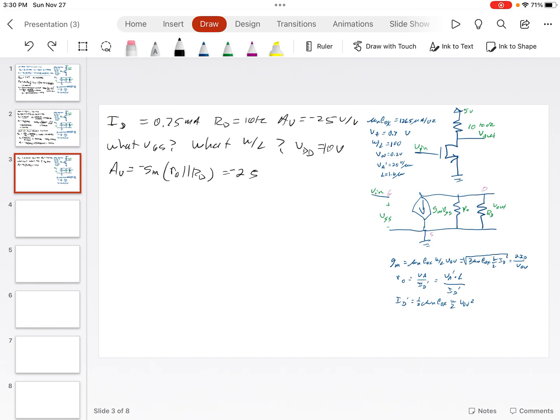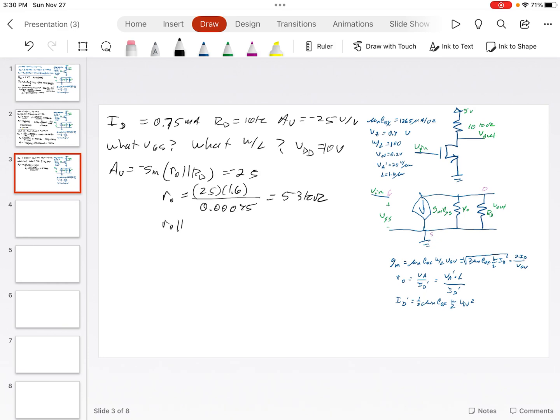So we know the current. So we know that R naught is 25, and we're still sticking with 1.6 microns gate length. 25 times 1.6 over 0.00075. That equals 53 k ohms.